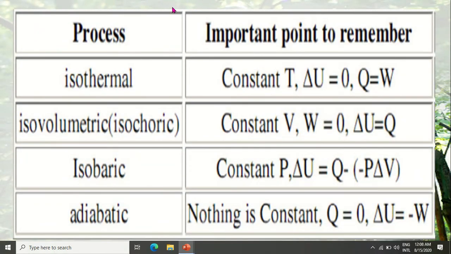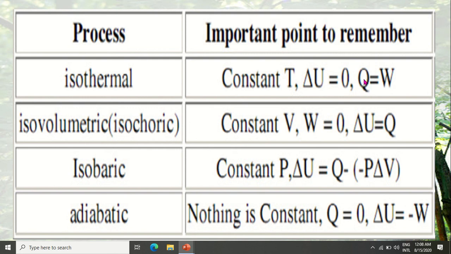Now, there is a chart for you which is very important. That means you have to remember which things remain constant in different thermodynamic processes. Isothermal process: here, temperature remains constant, and that's why del U equal to 0.